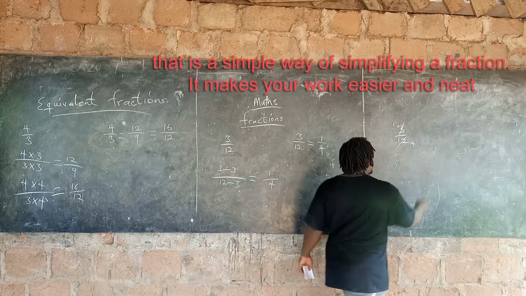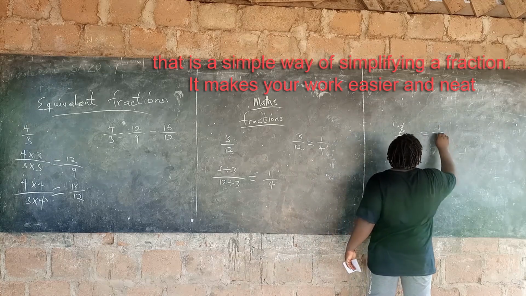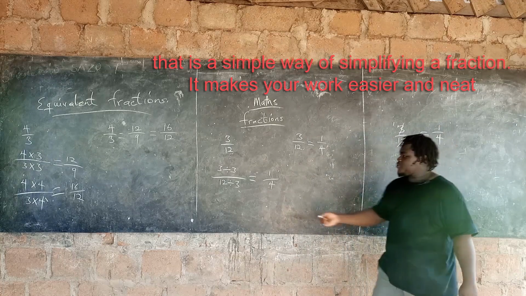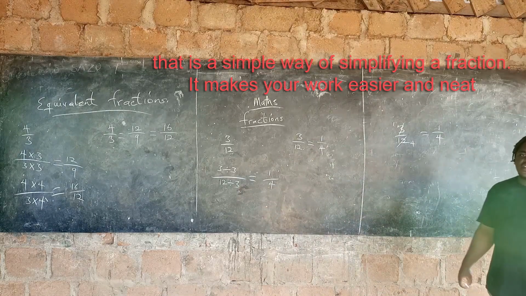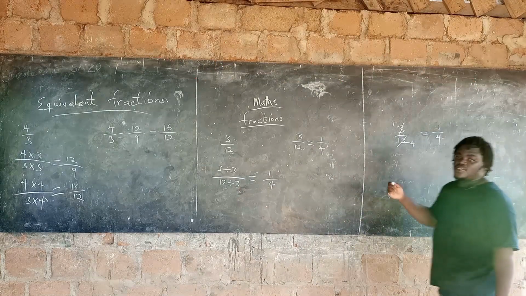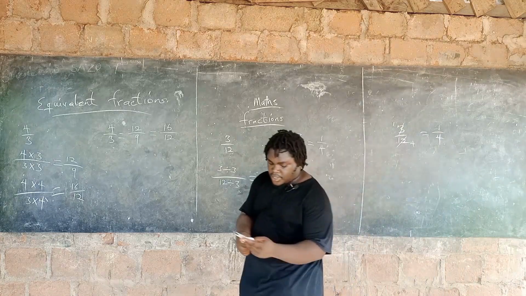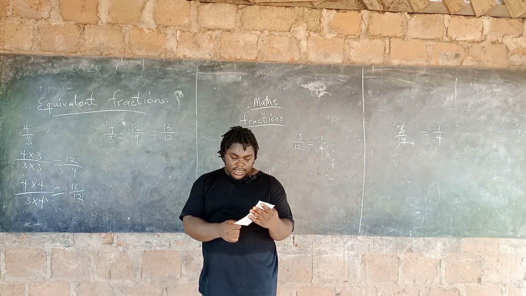So your answer will be 1/4. So you don't need to write this. You just do it like this and then you move forward. That is why it is called cancelling.